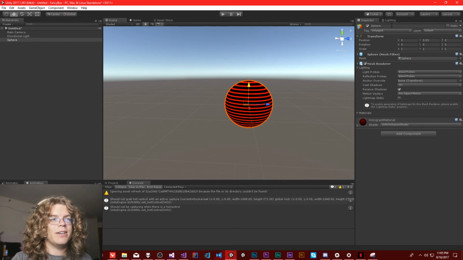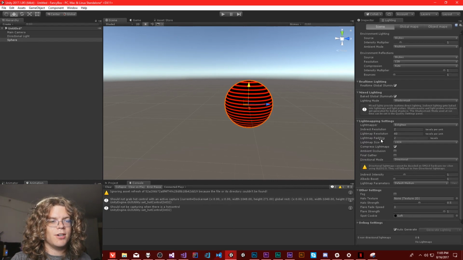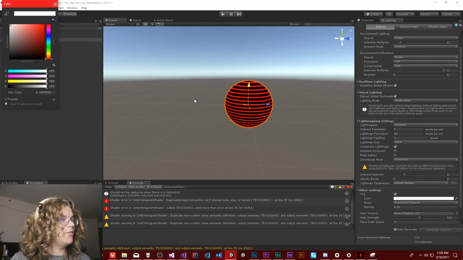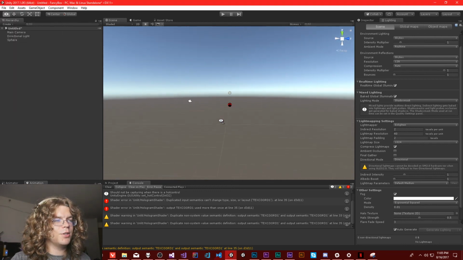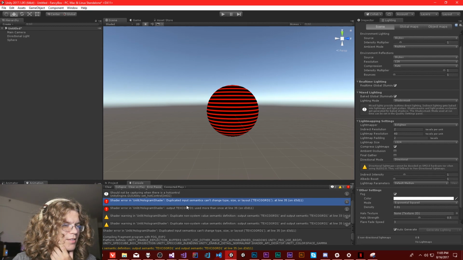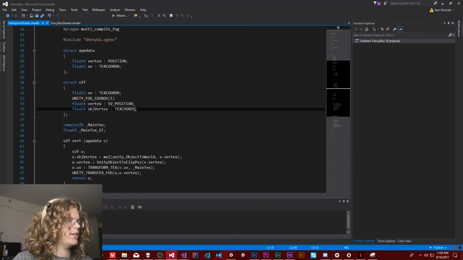So if I go back here, go to lighting, and just add some fog, like so. Don't know how this is going to work. I've never tried this before. Nope, doesn't work. Okay. We got a bunch of errors. Duplicate input semantic. Texture coordinate.